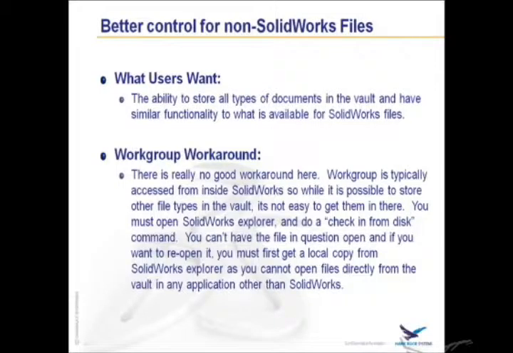So you have to go into the program, save it, close the program, and then check it in. And then when you want to open that file again, you have to open SOLIDWORKS Explorer, check it out to get a local copy, and then go into your program and open it from whatever temporary local working folder you've copied it to. And that is not a very good interface.